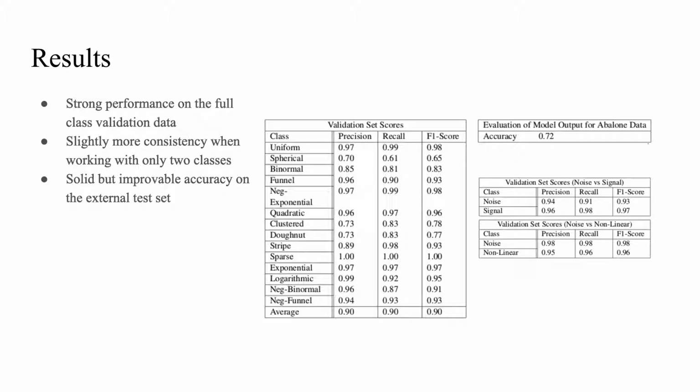Now, as far as results, the classifier appeared to perform fairly well, with the CNN getting average precision, recall and F1 scores above 0.9 on the 14 different classes, and precision, recall and F1 scores well above 0.9 when working on a simplified version of the question where it simply has to distinguish noise from signal or noise from a nonlinear signal.